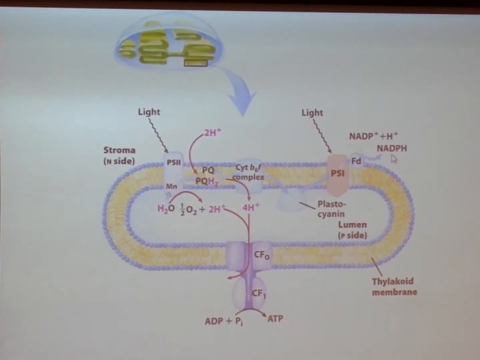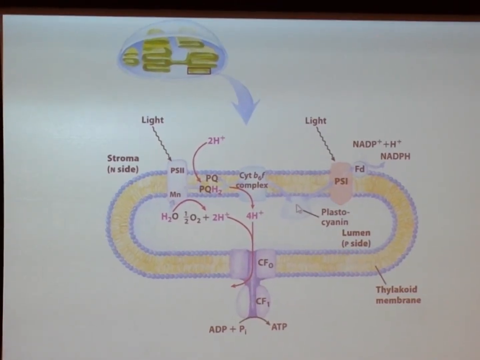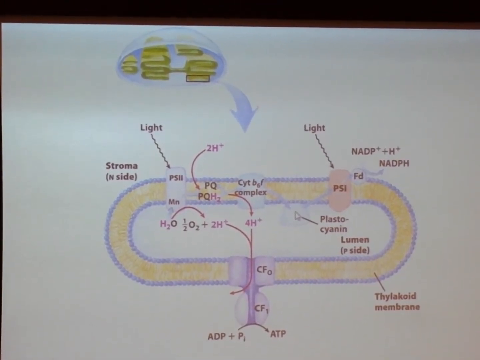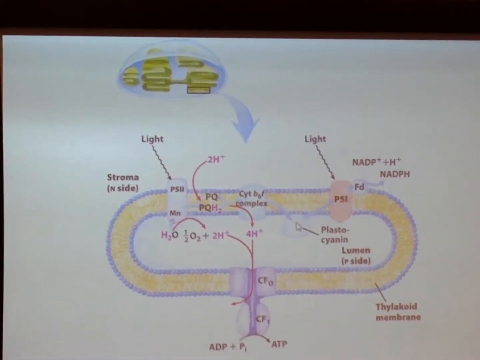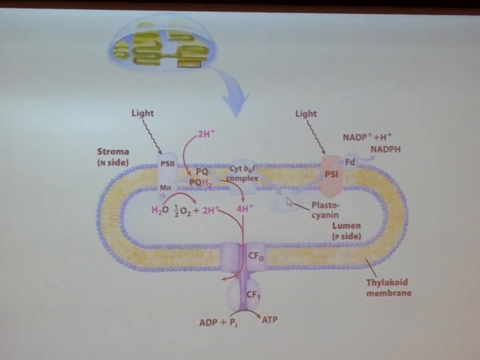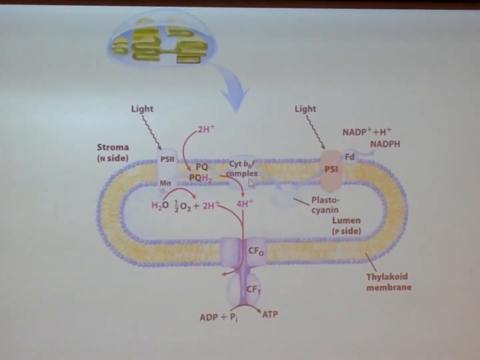So, how many plastocyanins do you need? 2, because they can only carry 1 electron at a time. Now, why am I doing this? I'm trying to get back to here, where you're creating 4 protons at cytochrome B6F.